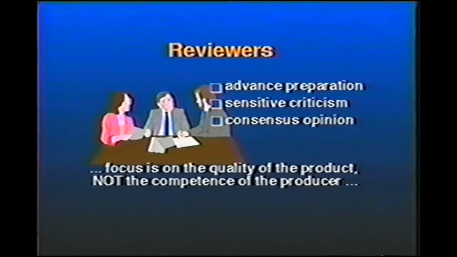The review team is not a jury, and the producer is not in the witness stand. The formal technical review activity is designed to help improve the quality of the end product. And that's the role of each reviewer on the review team.